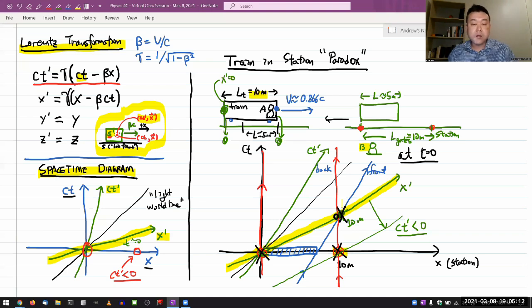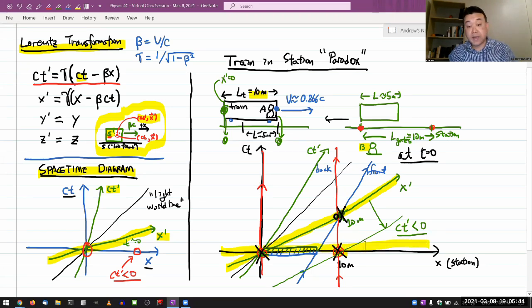So this is where relativity of simultaneity matters. When we say at the same time, it really should have quotation marks, or we should specify at the same time in what reference frame. The space-time diagram clearly shows in what reference frame it is at the same time. Anything occurring at the same time in the station reference frame would be connected by a horizontal line.